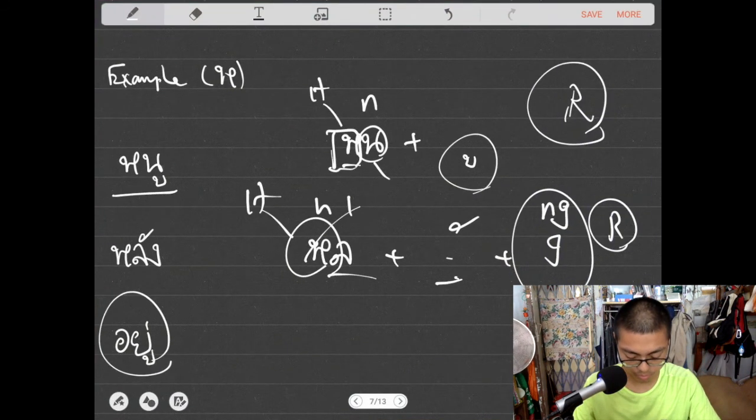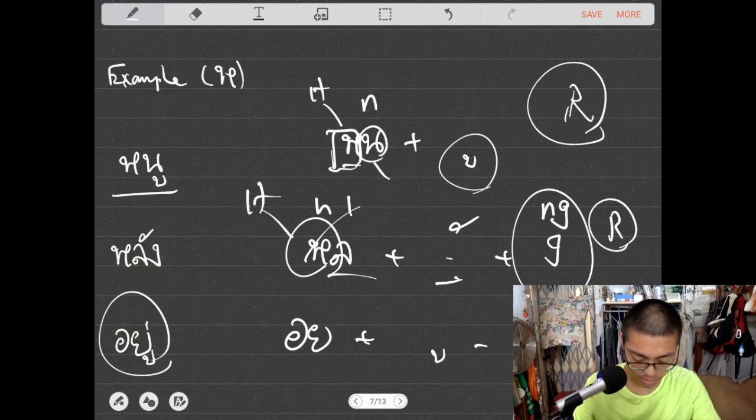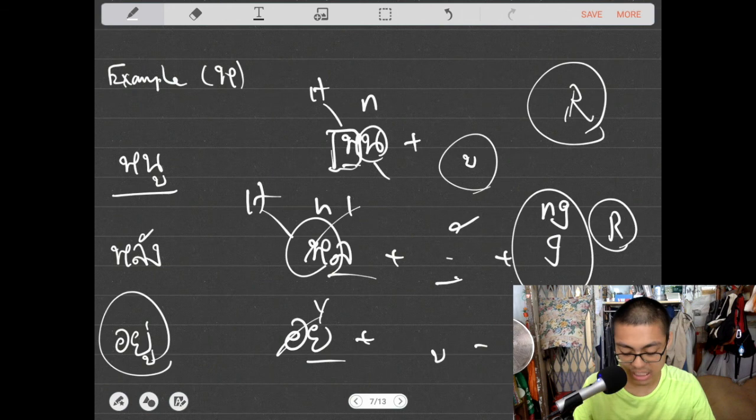Let's say this word, consonant cluster ngo ang, yo ying, ya. Yes, yo ying. Plus we have a vowel, plus we have a tone mark. Leading ngo ang, we don't need to pronounce ngo ang. So the sound is y, yeah, plus the vowel u, you. Then we have a tone mark.